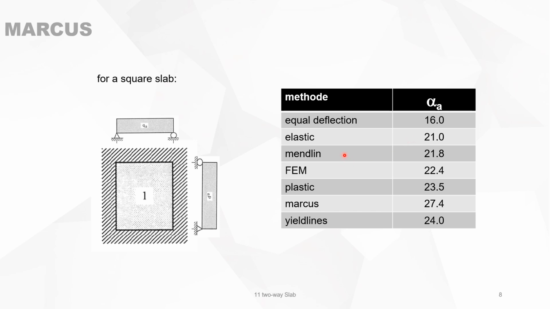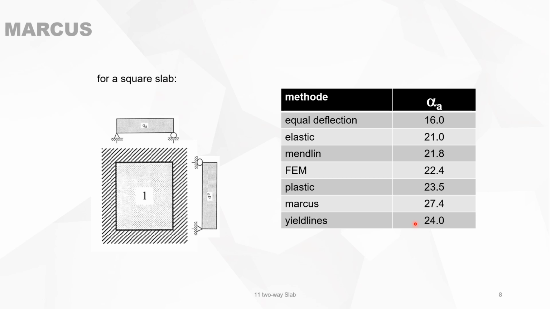If you use a solver with finite elements, it will be 21.8. If you use another finite element method, then it's 22.4. If you use a plastic calculation, it will be 23.5. If you use Marcus, you have 27.4. And when we will see that in later videos, when we use yield lines, it will be 24.